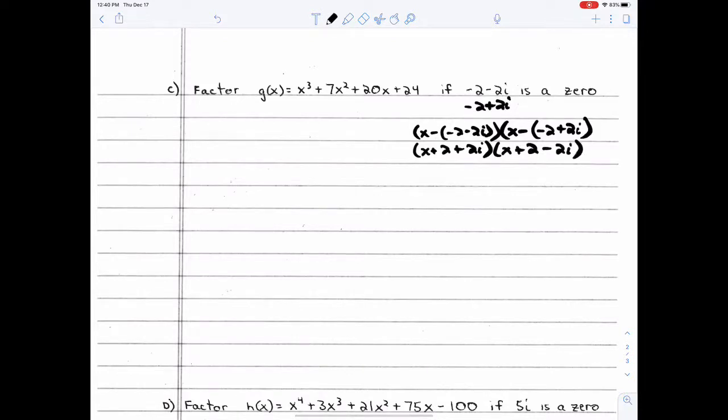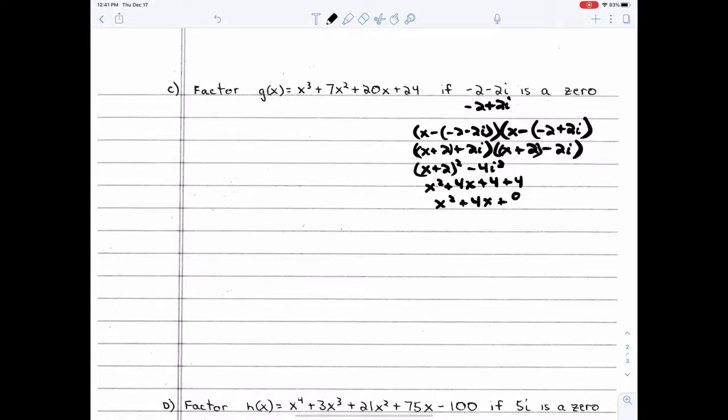By the way, I suggest you do this on your own first. Let's group those two and those two together, and now we have conjugates. So we have x plus 2 quantity squared. Middle term goes away, minus 4i squared. So we have x squared plus 4x plus 4, and then the negative 4i squared is also another plus 4. So it's x squared plus 4x plus 8.